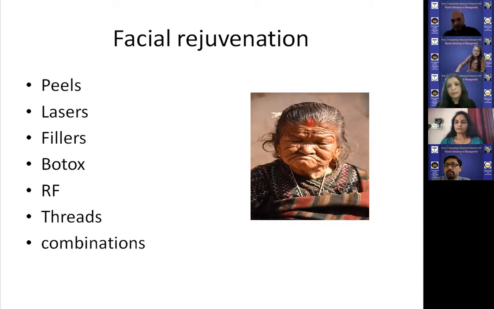The thread passing through the tissue gives immediate firmness, plus it induces collagen formation, giving that tightness. The dynamic wrinkles which develop with expressions we can correct with botulinum toxin. The folds and volume loss can be corrected with fillers. So I usually say you have to go for a combination, and that helps to maintain.